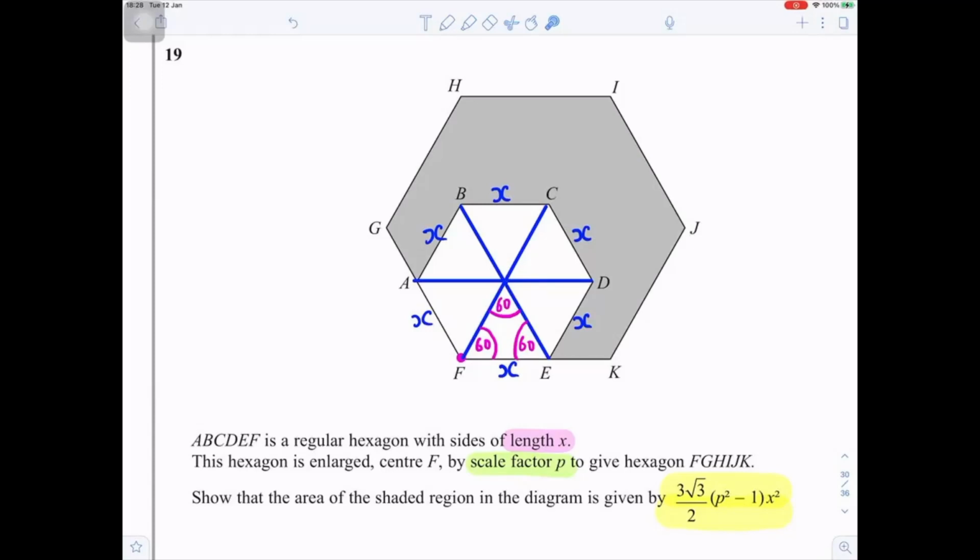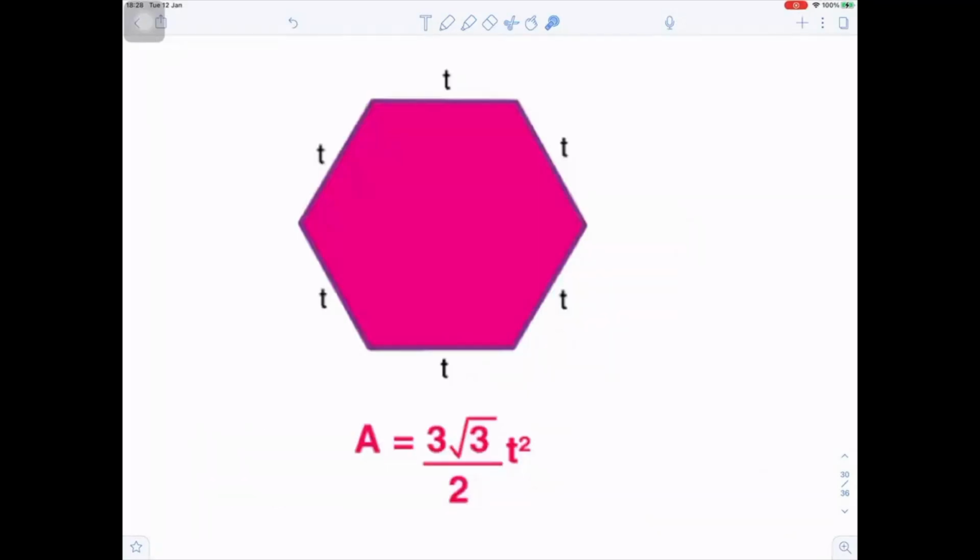The angles are all 60 degrees. This is a formula for the area of a hexagon for those of you who may have seen it before, but you don't really have to remember this formula for this question. If you had done questions where you use it before, that's the formula for area of a hexagon, 3 root 3 over 2 times t squared.